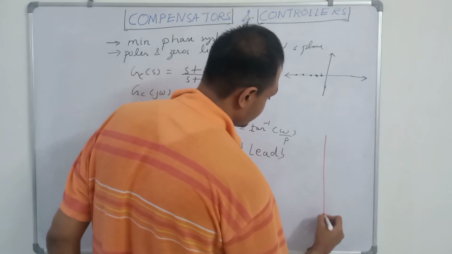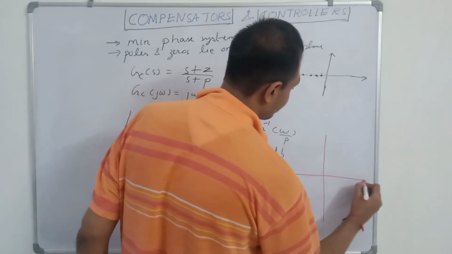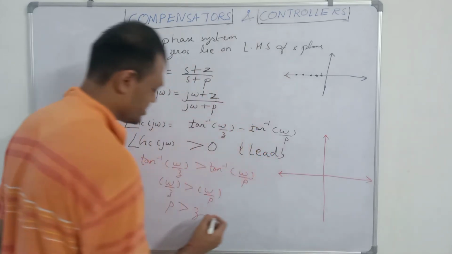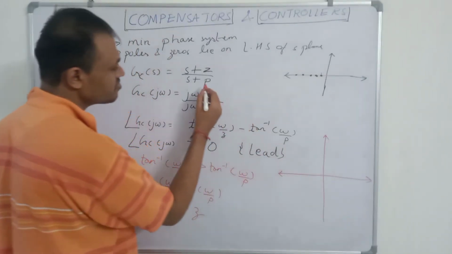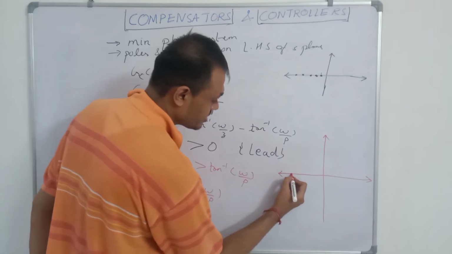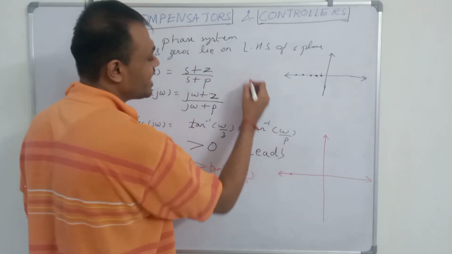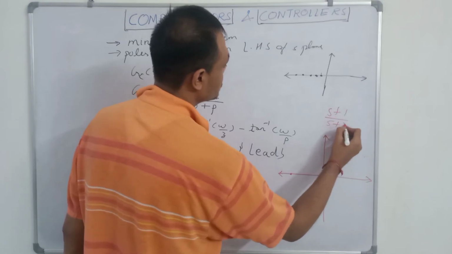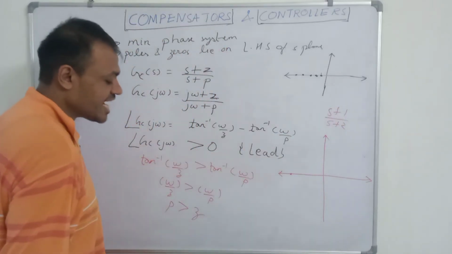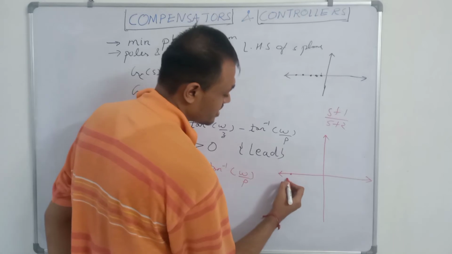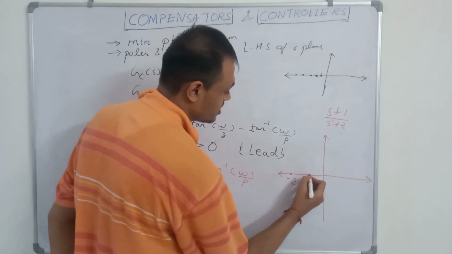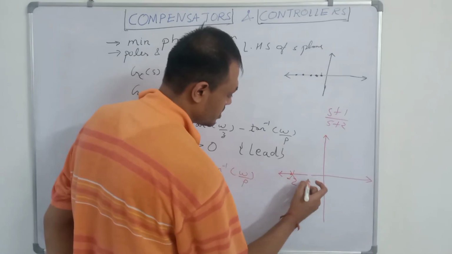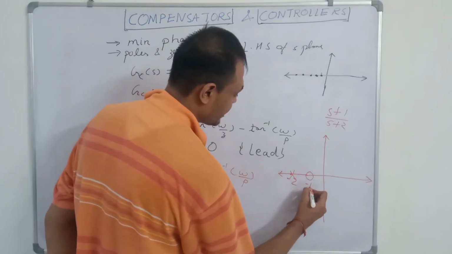So the pole zero plot of a lead compensator is like this. Let's take an example, (s + 1)/(s + 2). The value of P is 2 and the value of Z is 1, so the pole is at minus 2 and the zero is at minus 1.